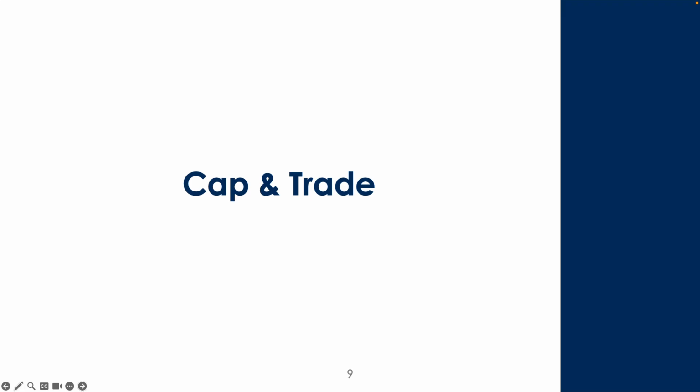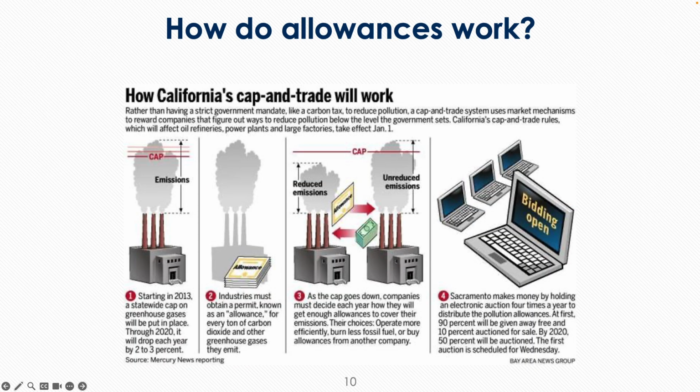Okay, so that is our coverage of carbon taxes. And so now we're going to talk about the concept of cap and trade, which is similar in many regards, but the mechanism with which it works is a little fundamentally different. So let me talk about allowances in a little bit more detail.